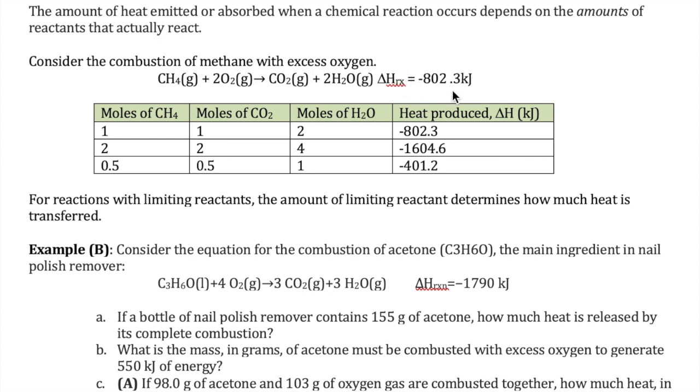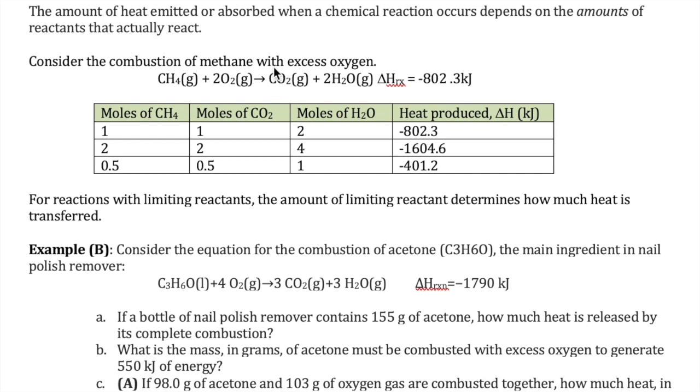Now, that quantity depends on how much reactant you're using. It's referring to the fact that if that reaction proceeds according to this equation, meaning we have 1 mole of methane, that's the amount of heat you will get if you were to react 1 mole of methane.